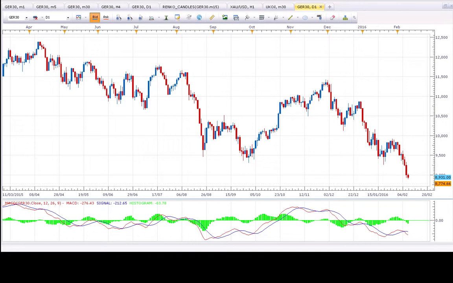MACD is the shortened name for moving average convergence divergence, and it's a commonly used technical indicator. The indicator is derived from a combination of exponential moving averages, which we touched on in the previous video, so go and check that out if you've not seen that already.